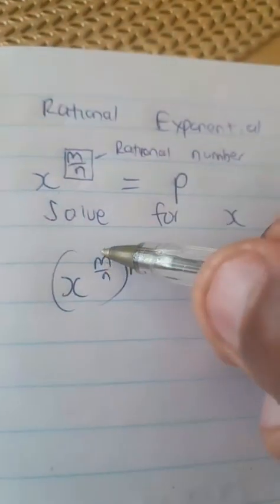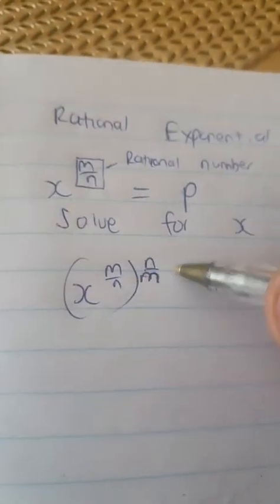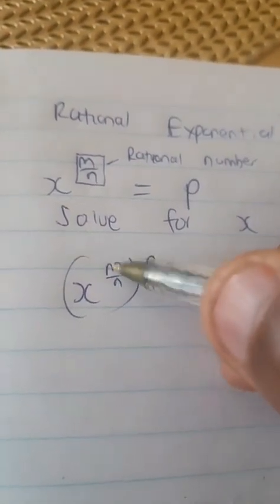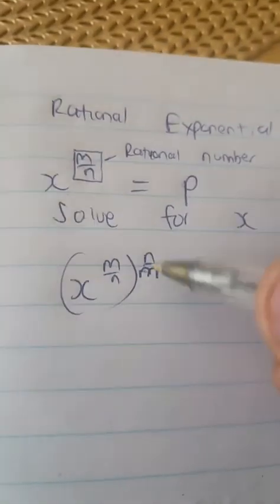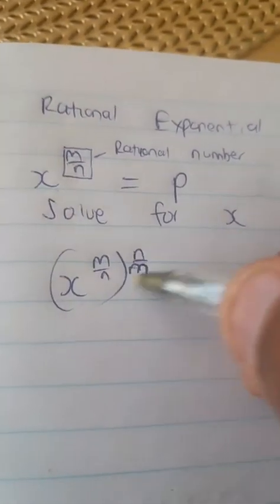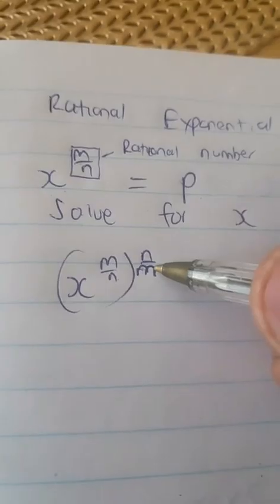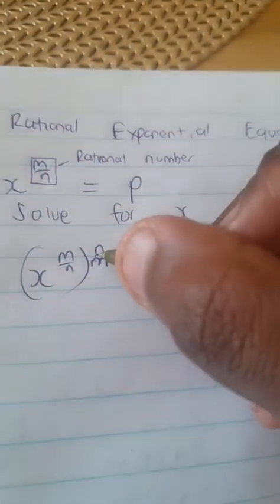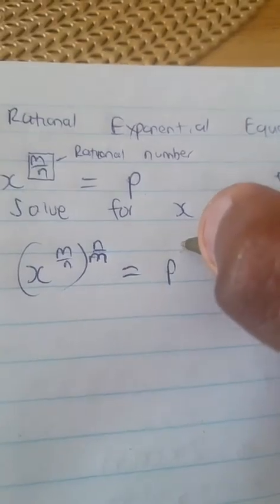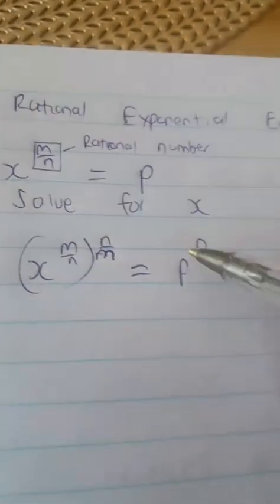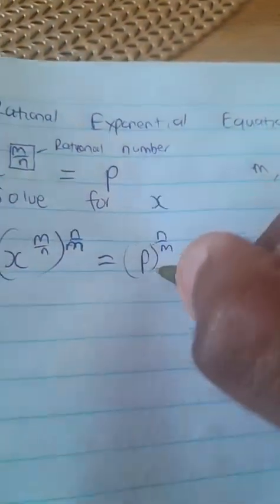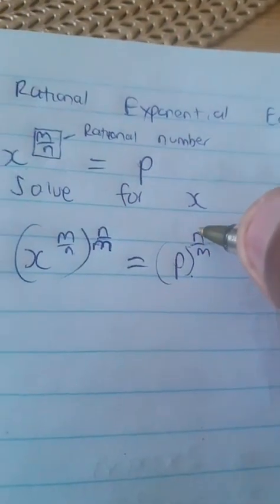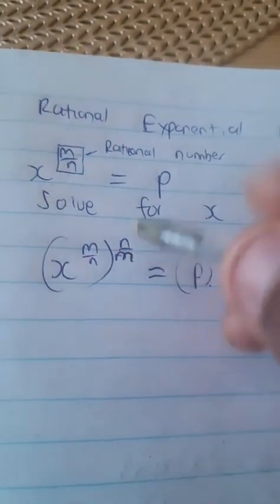In other words, the reciprocal or the inverse of m over n is n over m. So we multiply by that reciprocal, n over m. But remember that what we do on the left, we need to do on the right-hand side, which means we would raise the base p to the power n over m, which is the same reciprocal.